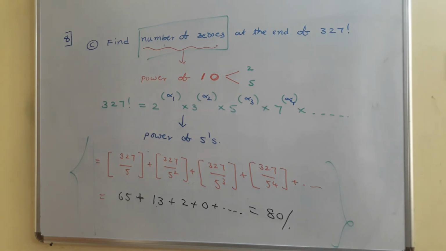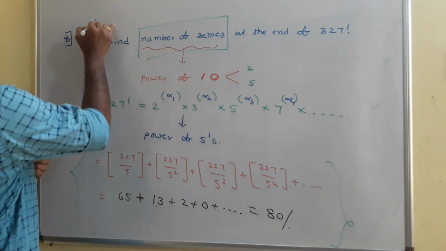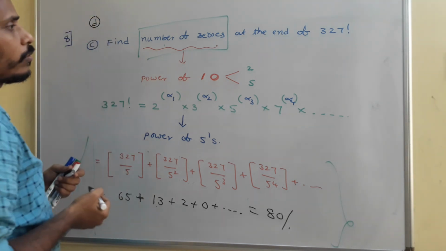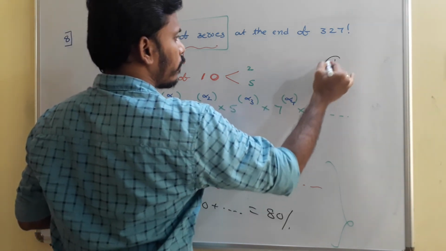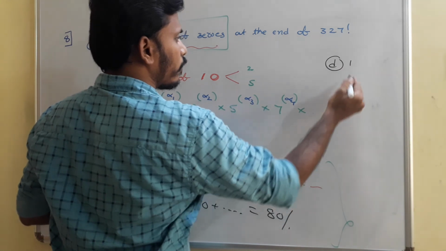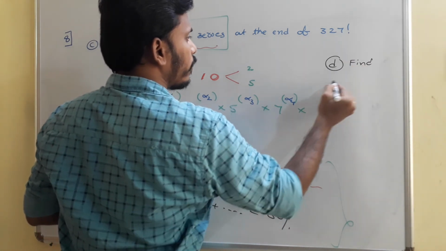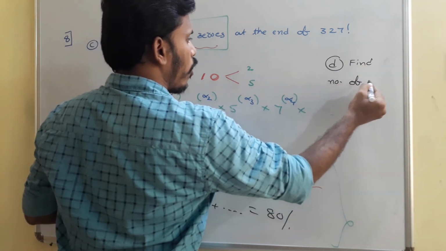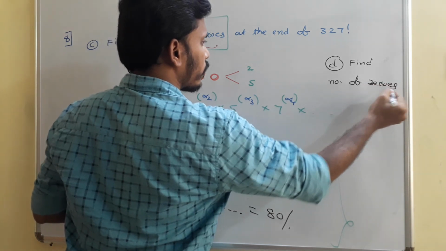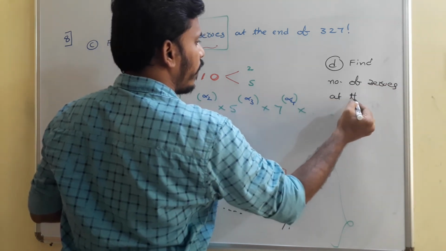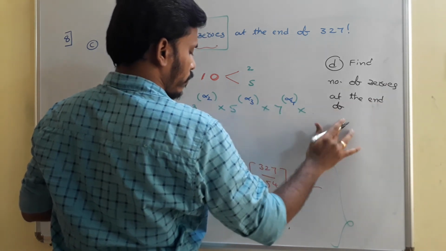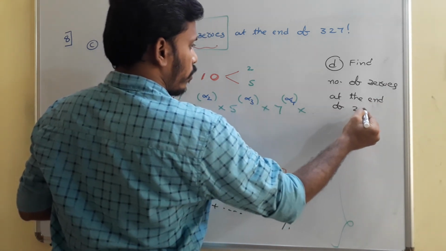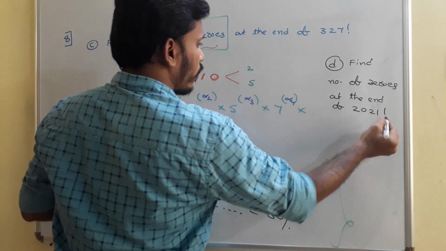And for your practice, I will give you one more problem now. Similar problem. D: Find the number of zeros at the end of 2021 factorial.